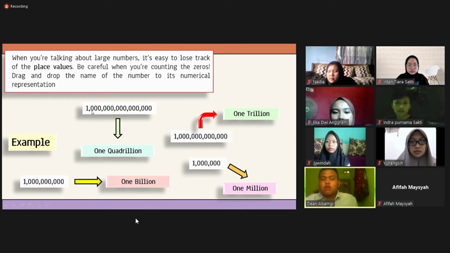One digit of number 1 and 15 digits of number 0 is called 1 quadrillion. That is an example of a huge number we can find in real life.